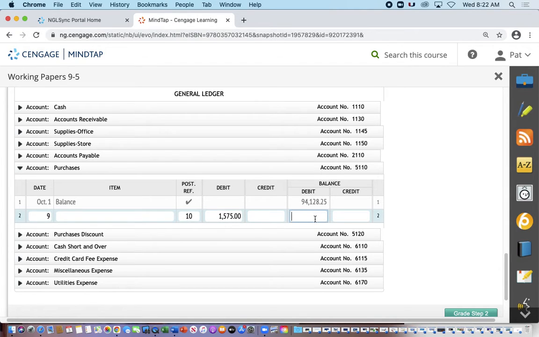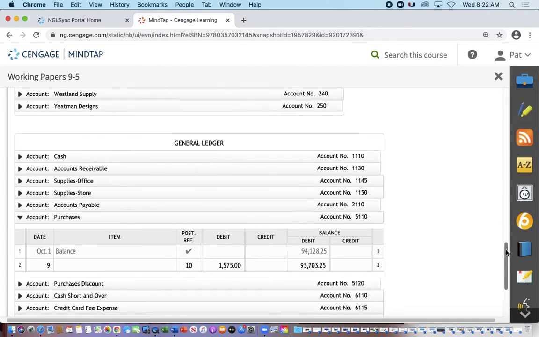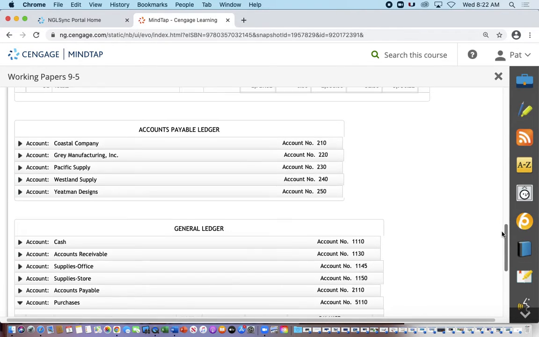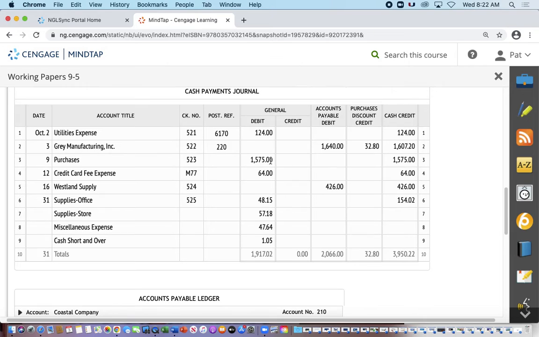Debit plus a debit gives us 95,703.25. So now that updates. That's all the goods that we bought so far, 95,000. And we put 5110 up into our ledger.